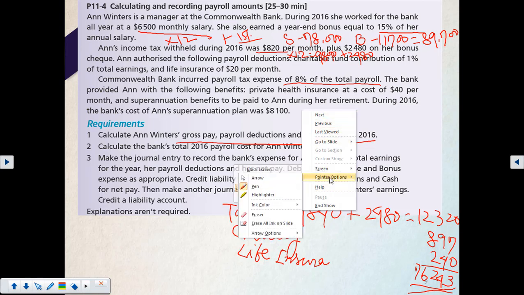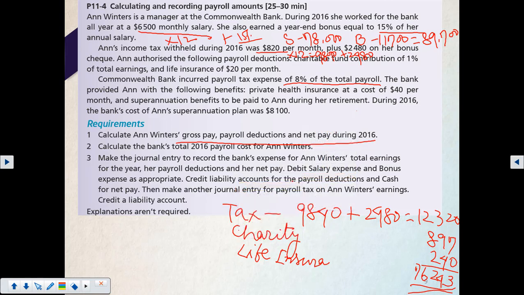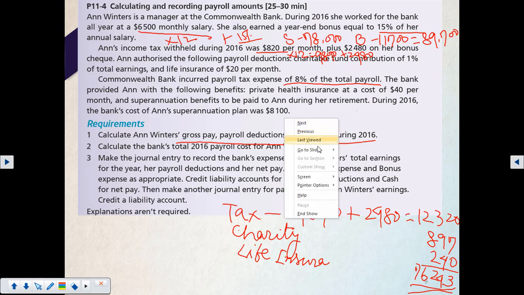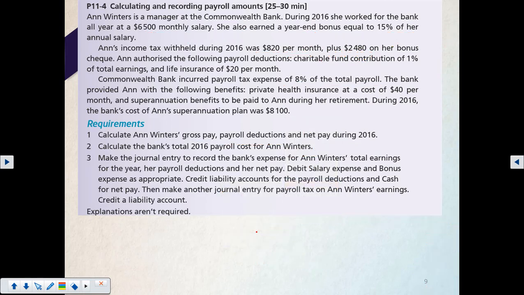So 8% of the total payroll means net payroll or gross payroll? Just a second, let me clean here. Payroll tax is based on the total amount, right, the total earnings. The net one? No, not the net one, the gross one. Always the gross one.